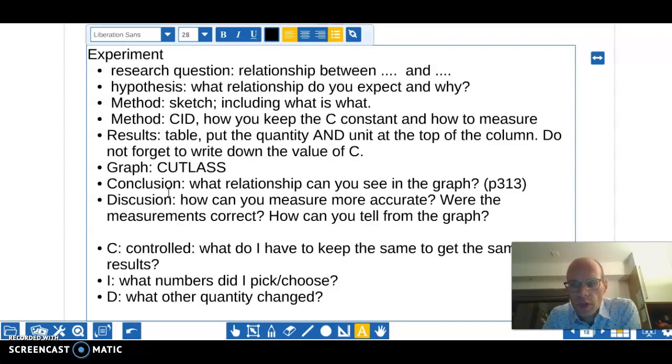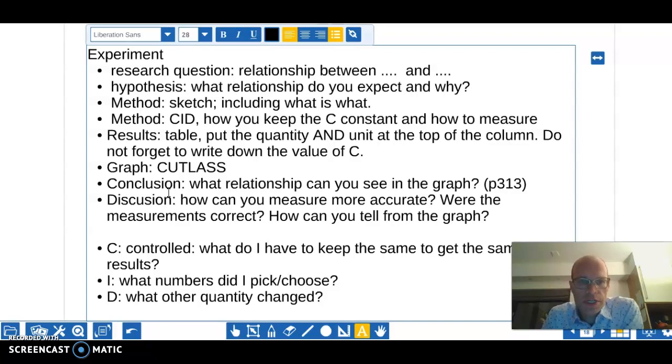I'm not going to write down this research question on the board, but it will be something like: what will happen to the extension if the force increases? So, what is the relationship between the force and the extension? If you have a proper research question, you already know which two are the independent and dependent quantities, because these two you are going to measure.